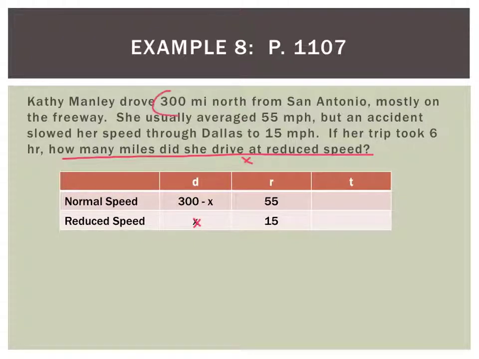And so we know that my total trip was 300 miles. So if she drove x amount at the reduced speed, the miles in the normal speed would be the total 300 minus whatever she did here. Okay, so that's where those came from.